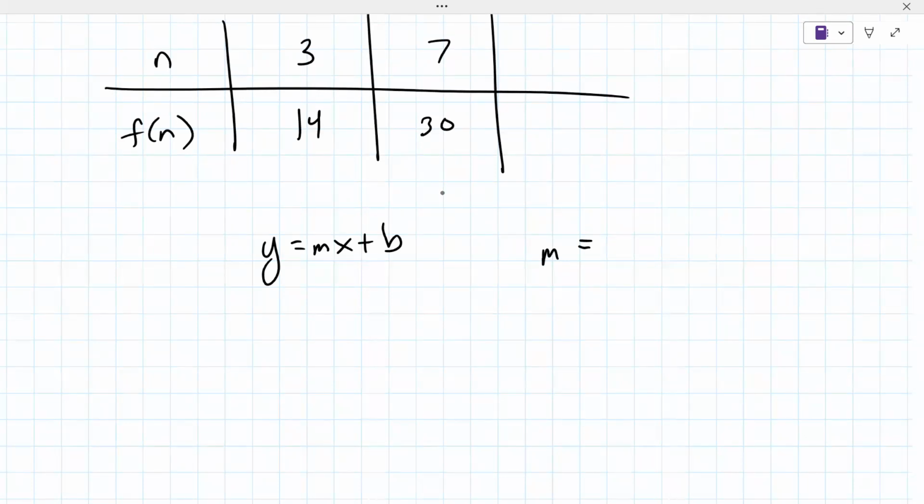Just to make sure I don't mess it up, the 14 and the 30 are the y's, right? Yes, exactly.